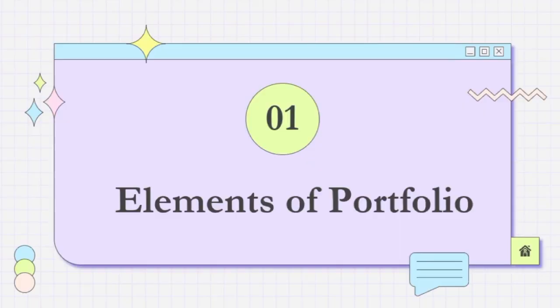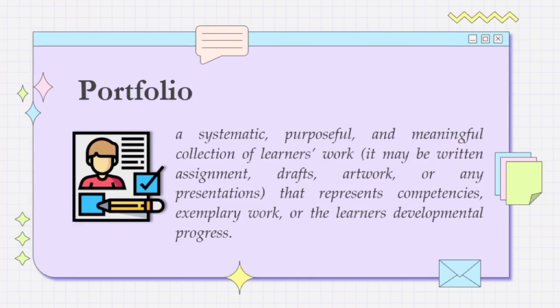Before we discuss the 6 essential elements of portfolio, let us first have a short recap on what this portfolio means. Portfolio refers to the systematic, purposeful, and meaningful collection of learners' work. It may be written assignments, drafts, artworks, or any presentations that represent competencies, exemplary work, or the learner's developmental progress.